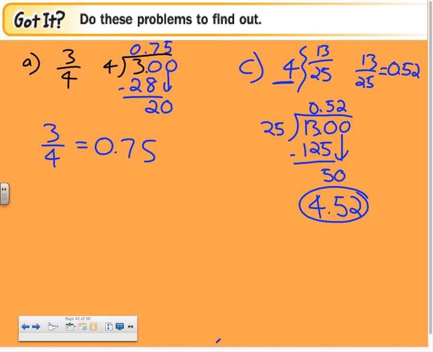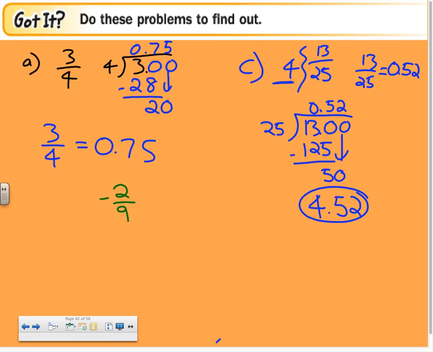Okay? What part do you not understand? Yes, that's a great question. So for problem B, we had negative 2 over 9. If you just solve 2 over 9 first and then add the negative on the front, then you'll be fine.